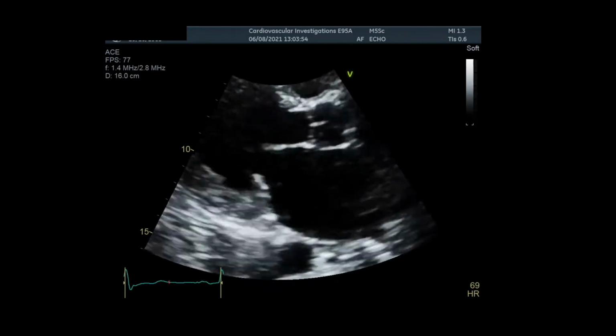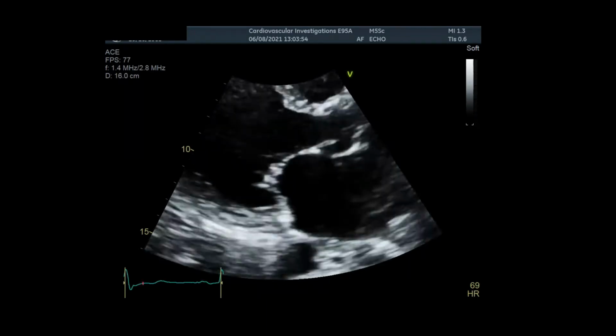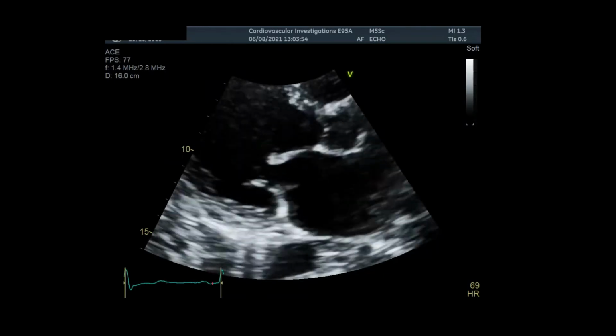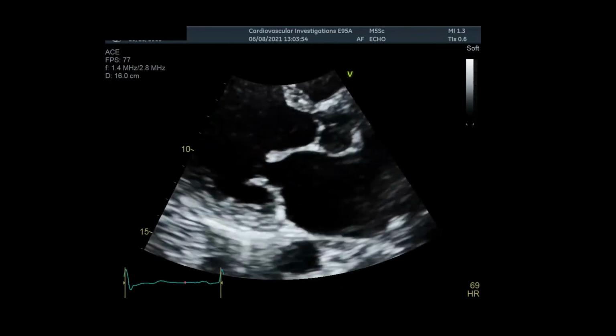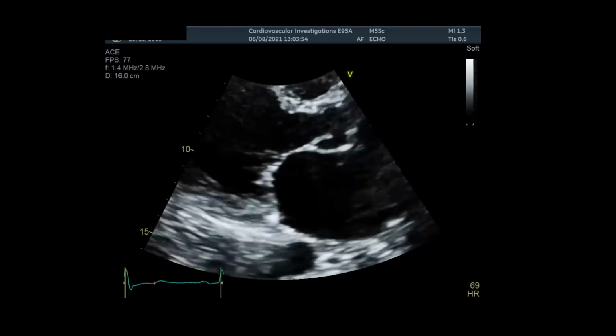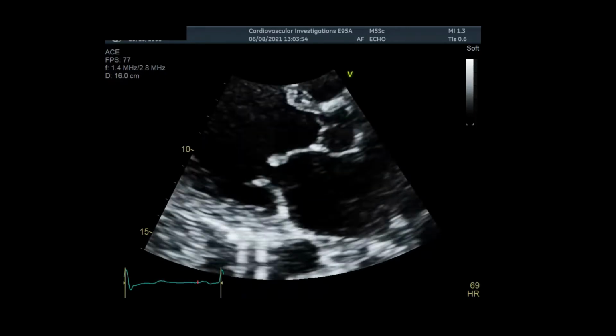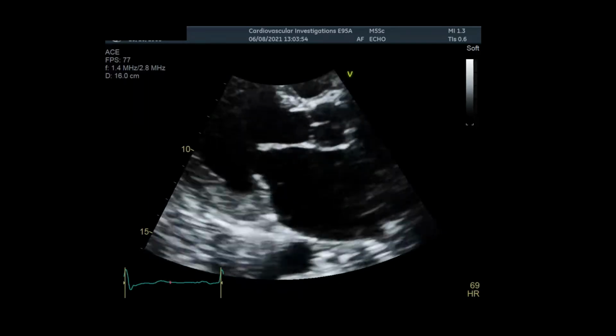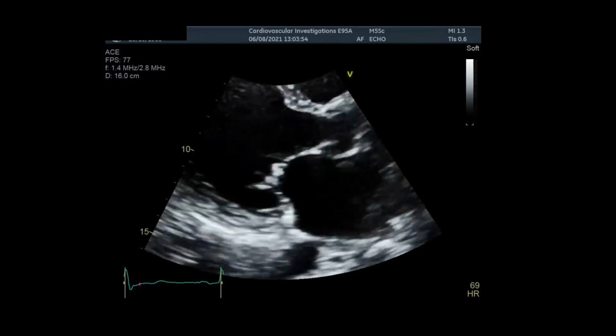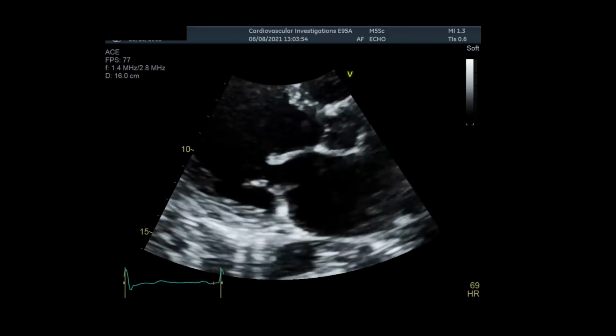It looks like the tip of the anterior leaflet is almost meeting at the side of the posterior leaflet. So that is an example of abnormal appearance of the mitral valve leaflets, abnormal motion in that it's restricted, and also abnormal coaptation.